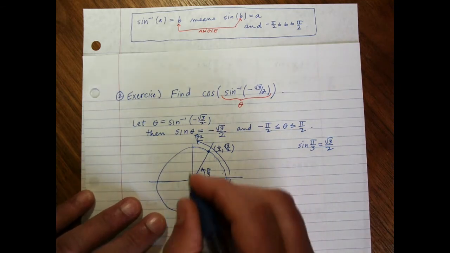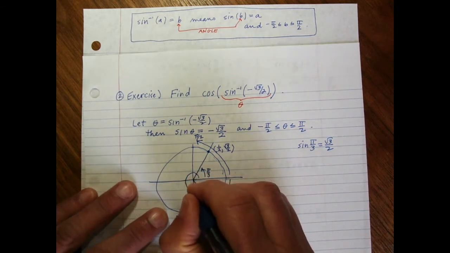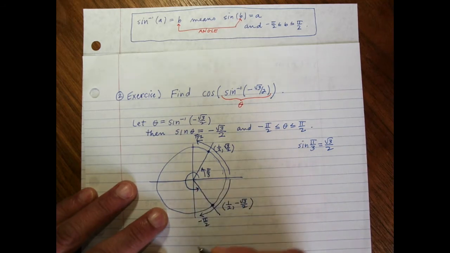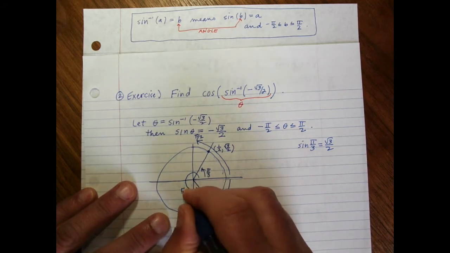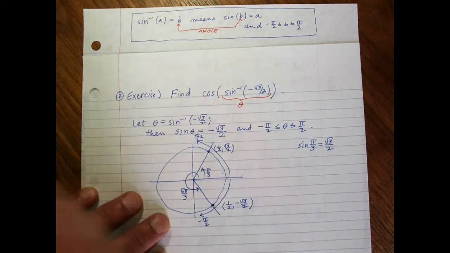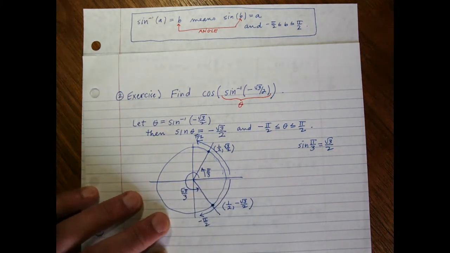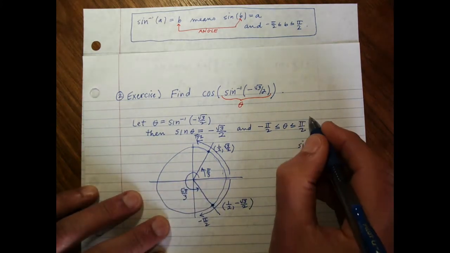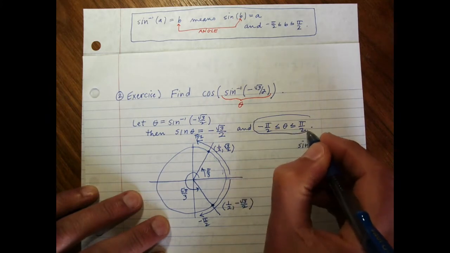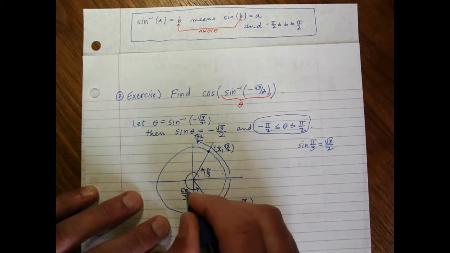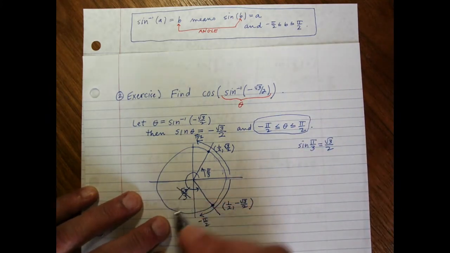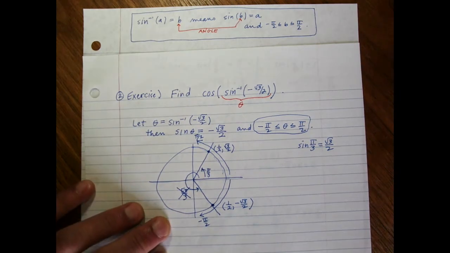Now, I don't want to pluck this angle off of my unit circle, which is 5 pi over 3, because that's not within the restricted interval of definition. So that's where we can't just pull that value off of our unit circle.